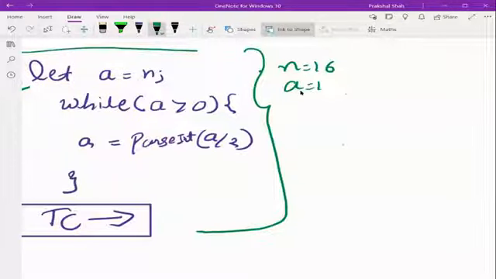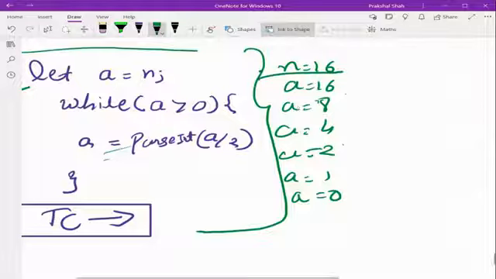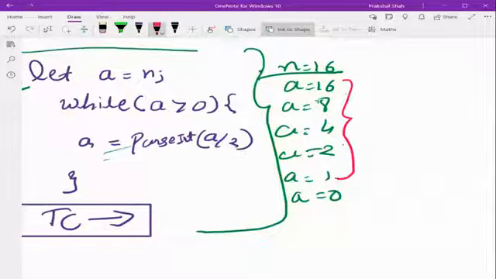So a equals 16, then a will do half, 8, then again half and assign to a, it will be 4. Again a will be half, 2, a will be half, 1, and now final a equals 0. So for n equals 16, how many steps did we take? We took 3 plus 2, 5 steps, right?